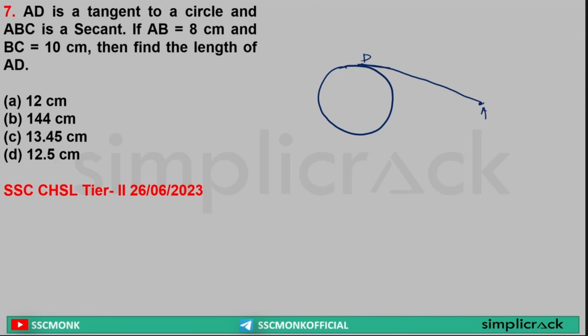Okay. Don't go by my drawing. Understand what is given. It is saying ABC is a secant. Secant means this sort of structure, A, B, C. And in this type of structure, remember the formula: the tangent square is equal to AB into AC.